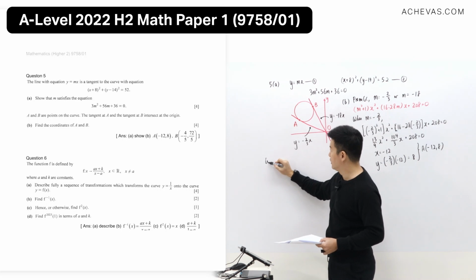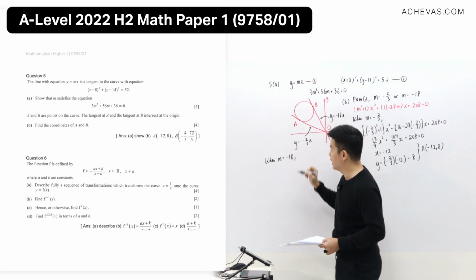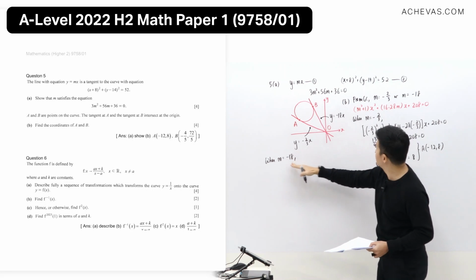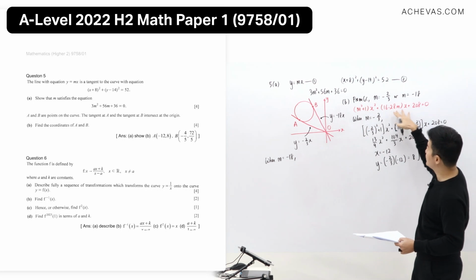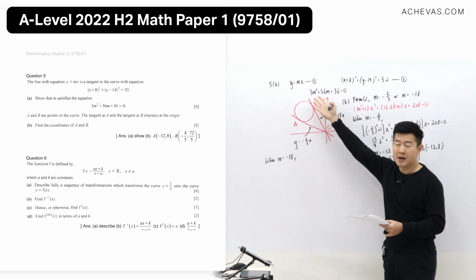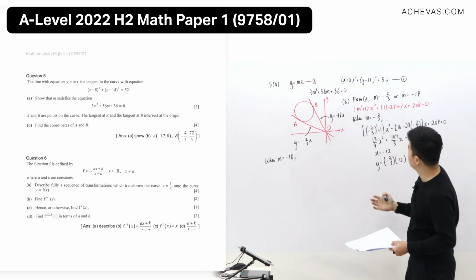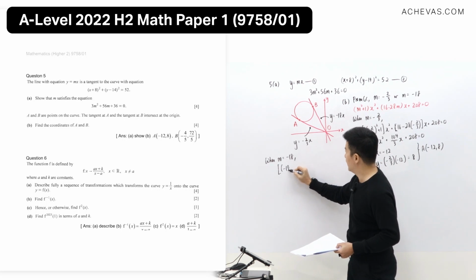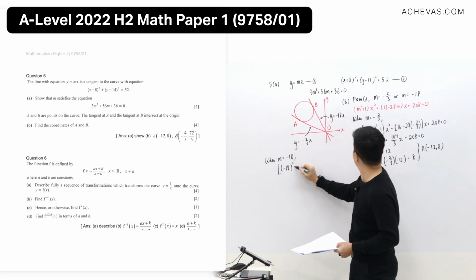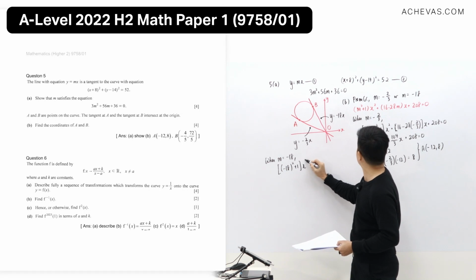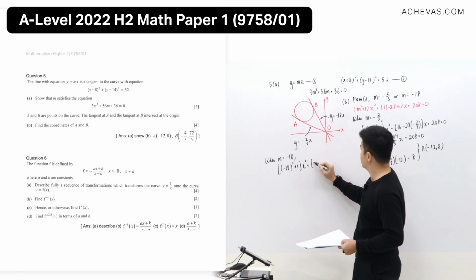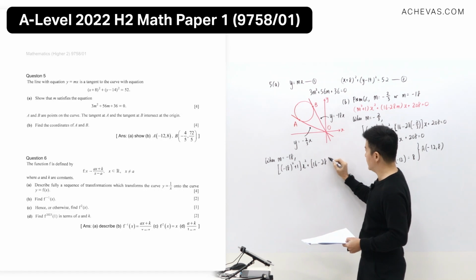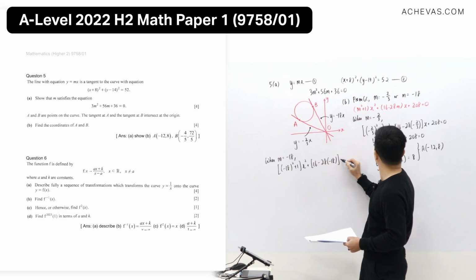So when m is equal to negative 18, once again, substituting this back into this equation that we have derived previously by trying to solve this as a pair of simultaneous equations, it is going to be (negative 18 squared plus 1) x squared plus (16 minus 28 multiplied by negative 18) x plus 208.